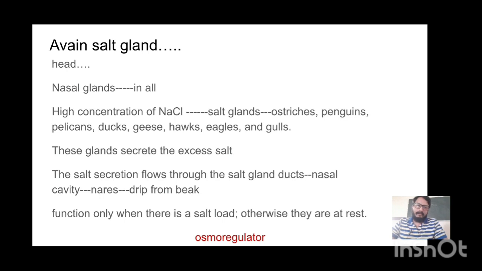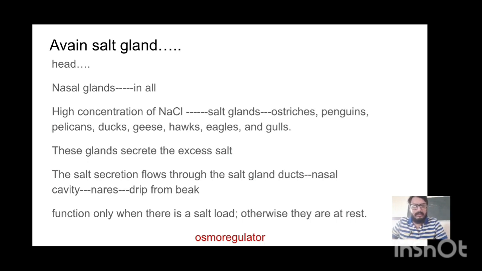The next important thing is the avian salt glands. These are present near the head region. They are also referred to as nasal glands. They are present in all species of birds. They produce a serous discharge, but in some species they secrete a salty secretion with a high concentration of sodium chloride.